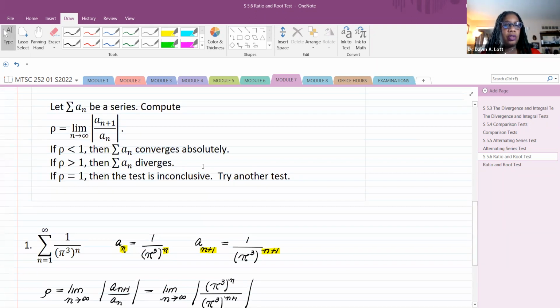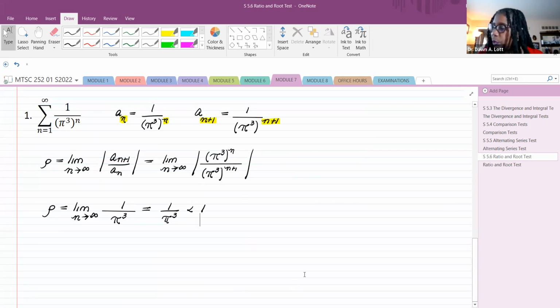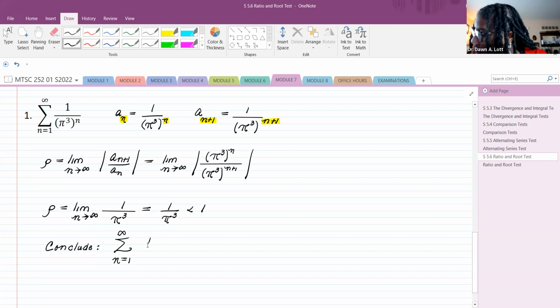Rho is less than 1, so the series converges absolutely. So we can conclude the summation n equals 1 to infinity of 1 over pi cubed to the n converges absolutely.